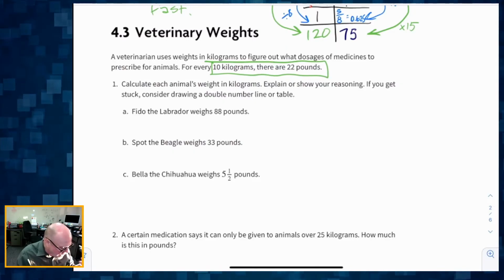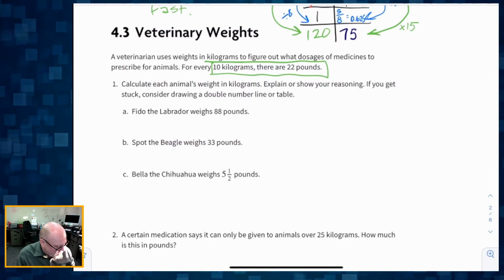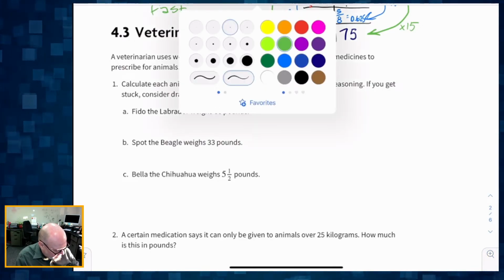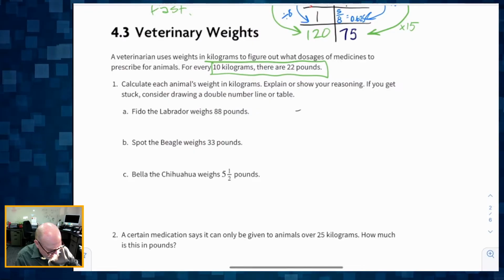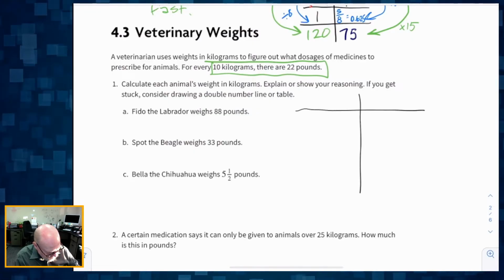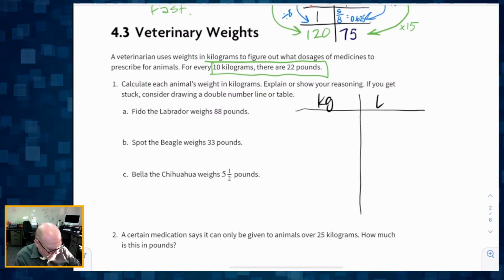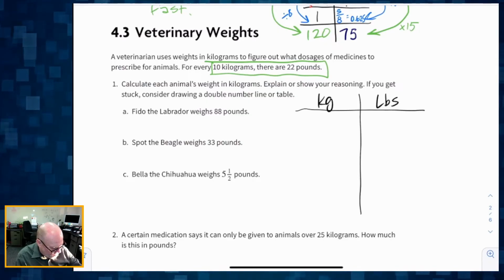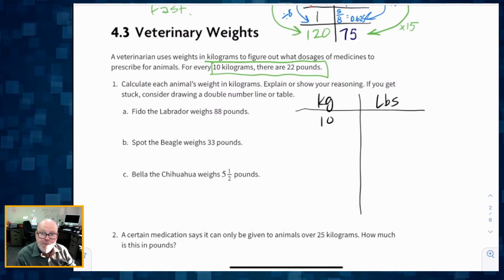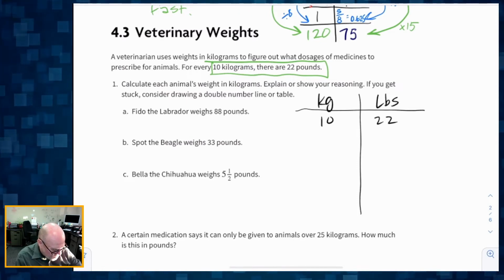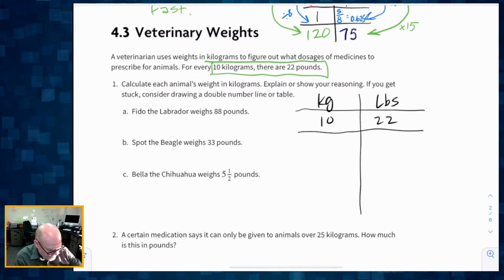All right, so there's our ratio. Now we're going to calculate each animal's weight in kilograms. So let's start by making our table, because tables rule. We've got kilograms, kg, and pounds, lbs, and we know that 10 kilograms is equal to 22 pounds.